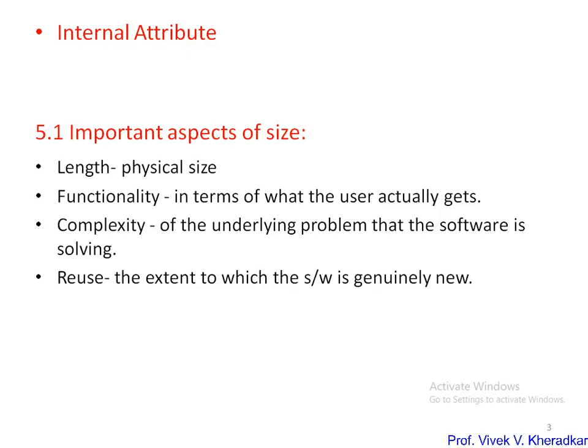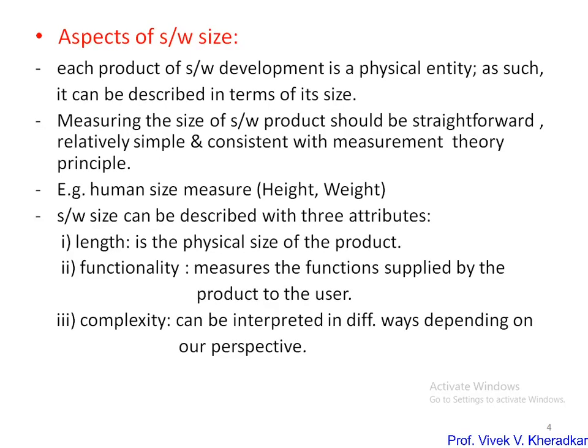For each of these attributes, I can describe the range of appropriate measurements. So what are the aspects of software size? Each product of software development is a physical entity, so it can be described in terms of its size. Other physical objects are easily measurable by length, volume, mass, or other standard measures, and measuring the size of a software product should be straightforward, relatively simple, and consistent with measurement theory principles.